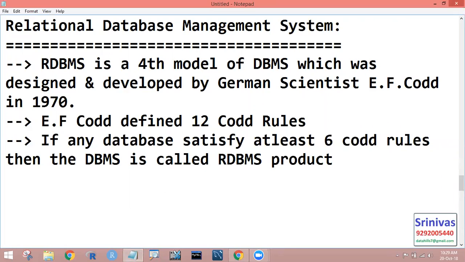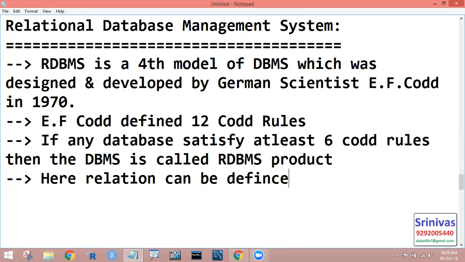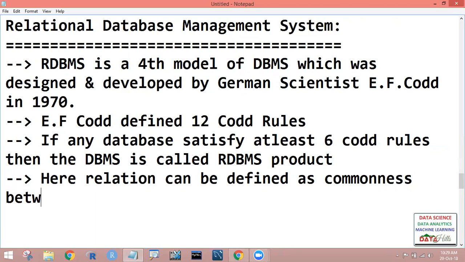Here the relation can be defined. What does relation mean in this DBMS? Relation can be defined as the commonness between the objects.